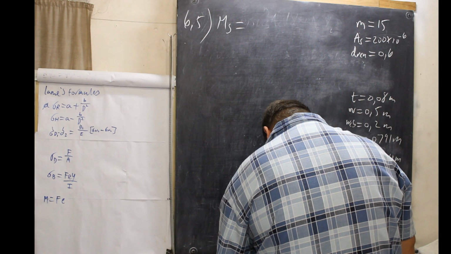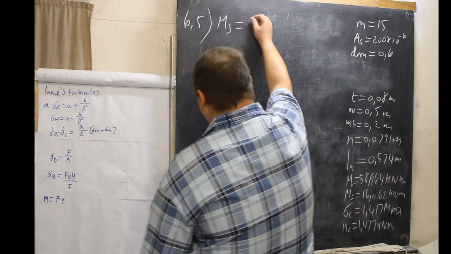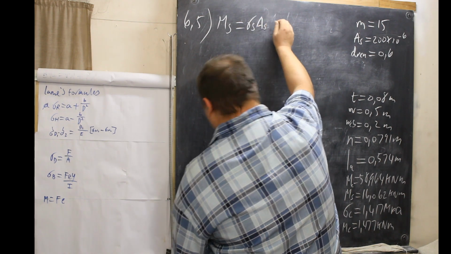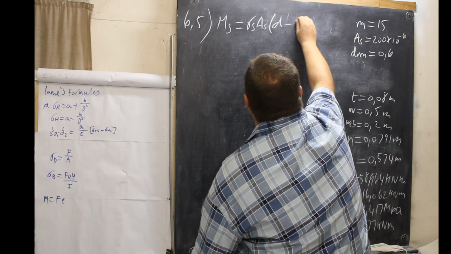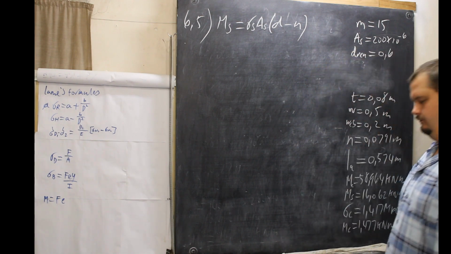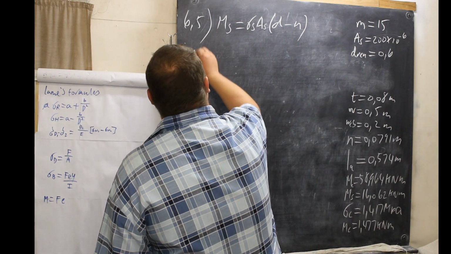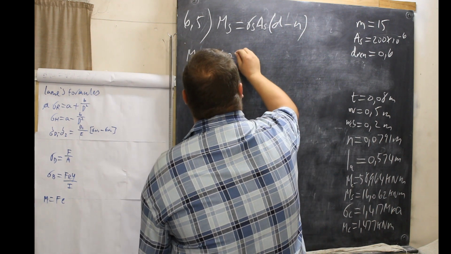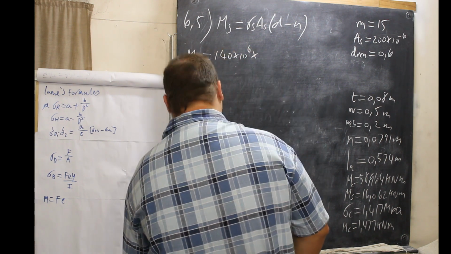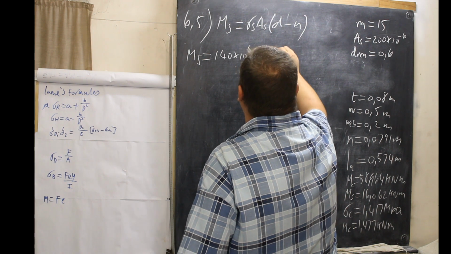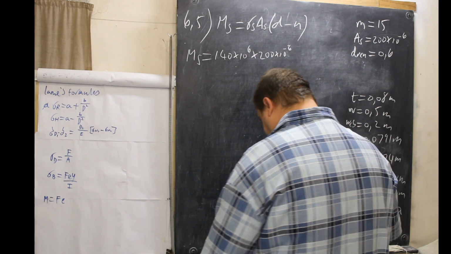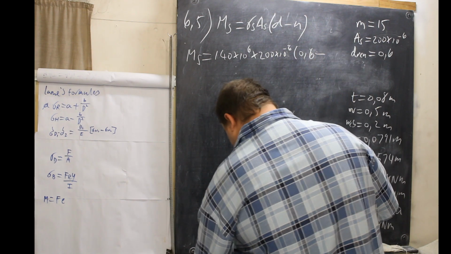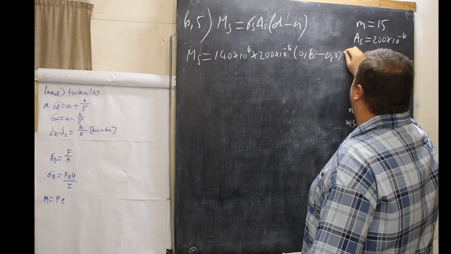So the final question is the actual moment of resistance of the steel. So MS equals stress of the steel times area of reinforcement times D minus N. Okay, so MS equals 140 times 10 to the 6, times area of the steel, which is 200 times 10 to the minus 6, times 0,6 minus N, which is 0,0791.